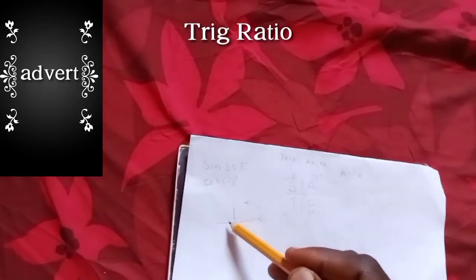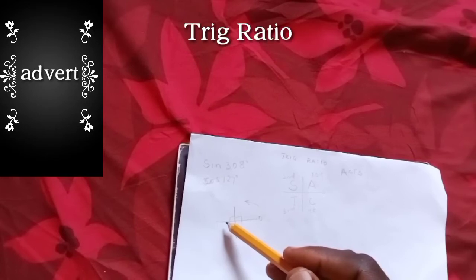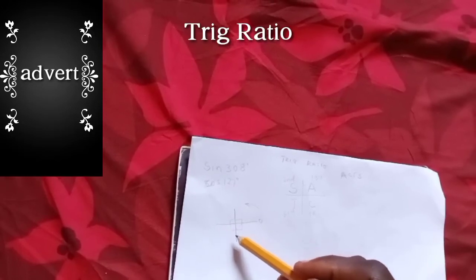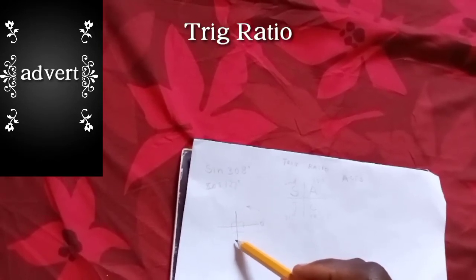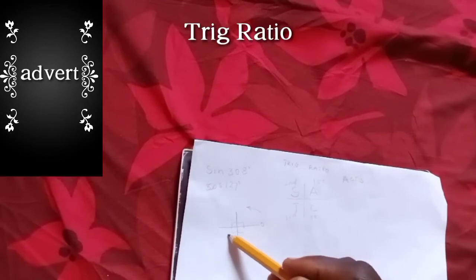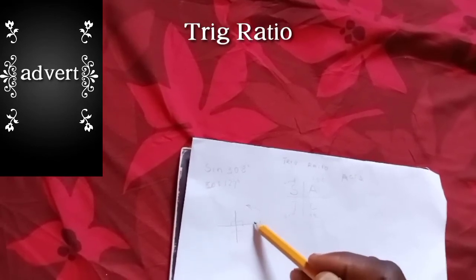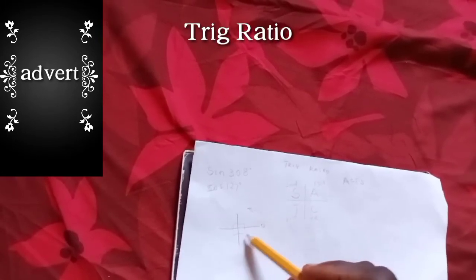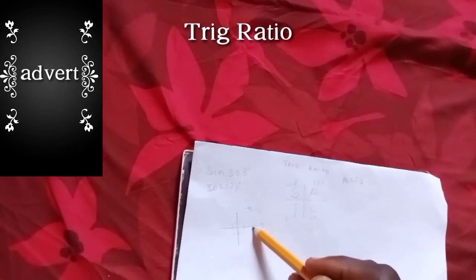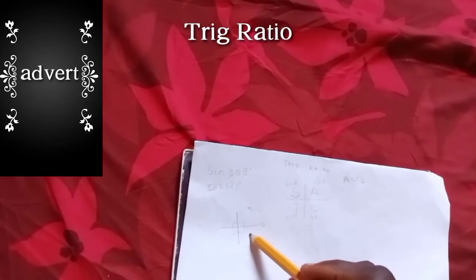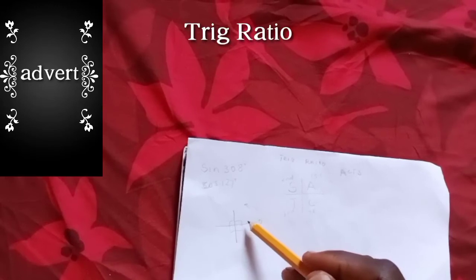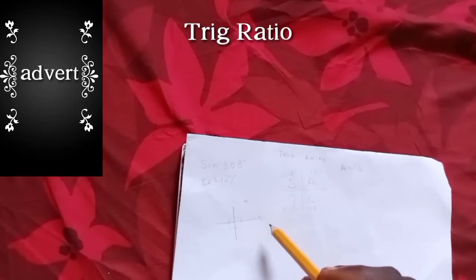So any angle that falls between 180, 181, 182 down to 270 here, they are all in the third quadrant. Then this is 360. So from 270 up to 360, they are all in my fourth quadrant. Is that all right?